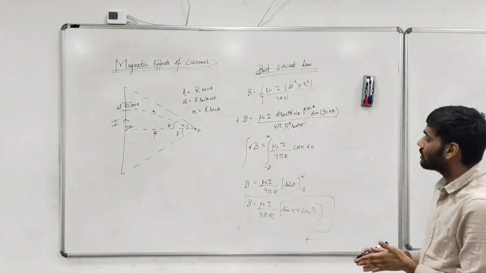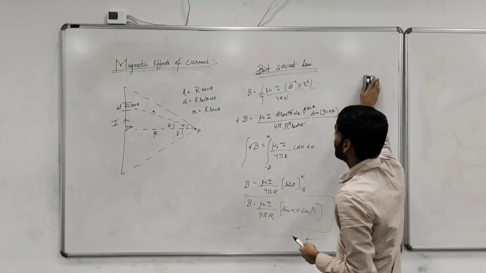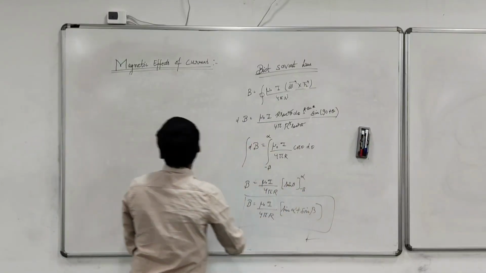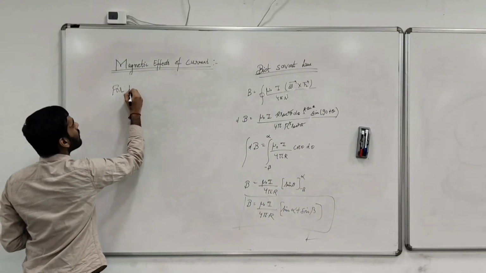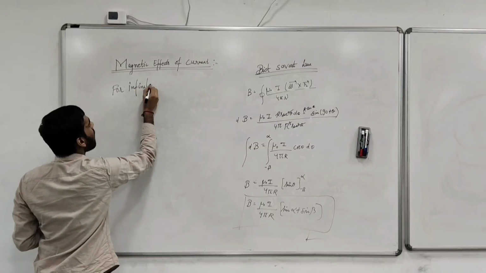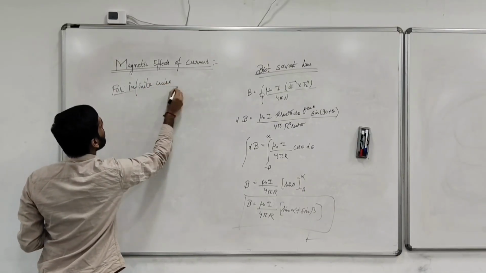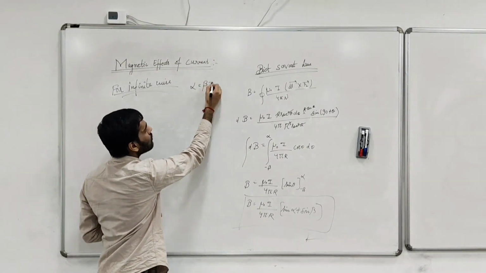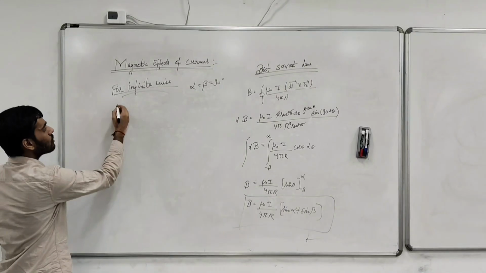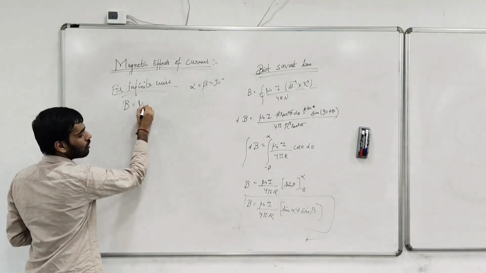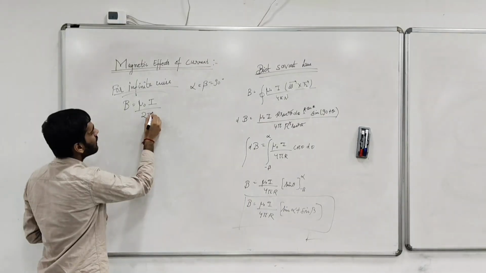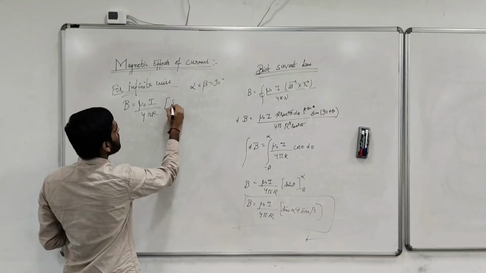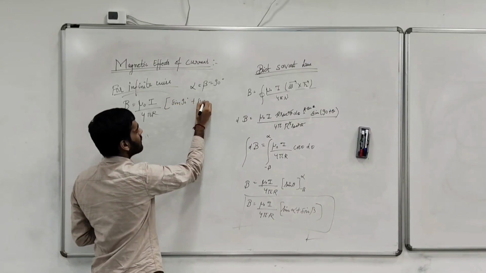We can apply this for, say, an infinite length wire. For an infinite wire, alpha is equal to beta is equal to 90 degrees. So B is equal to mu naught I by 4 pi r, times sin 90 plus sin 90.